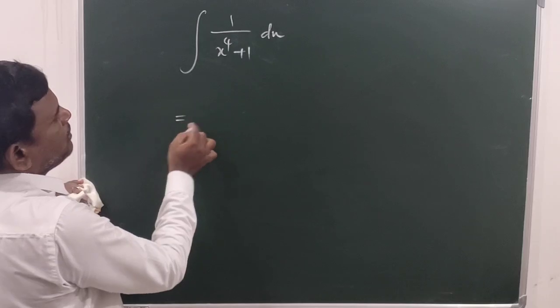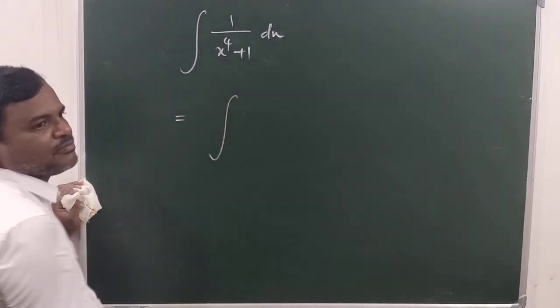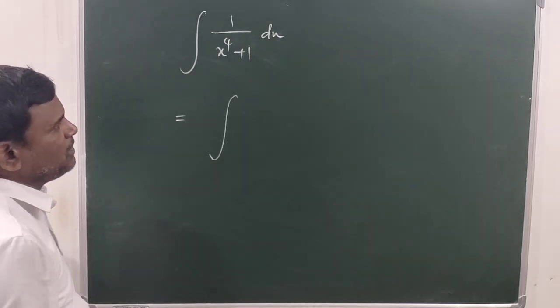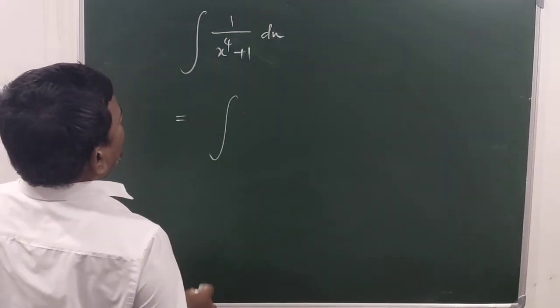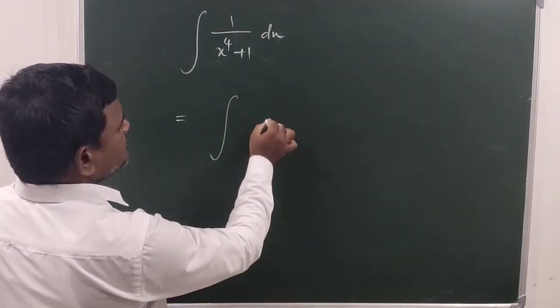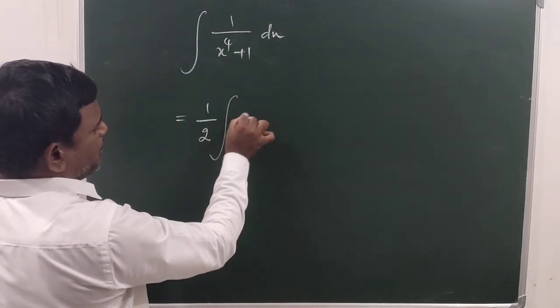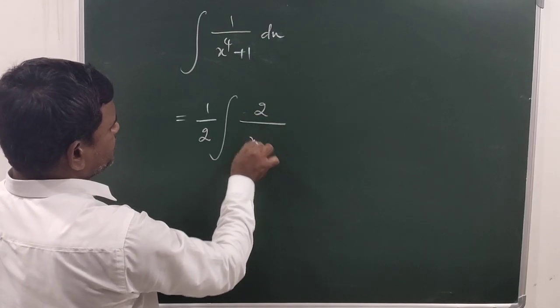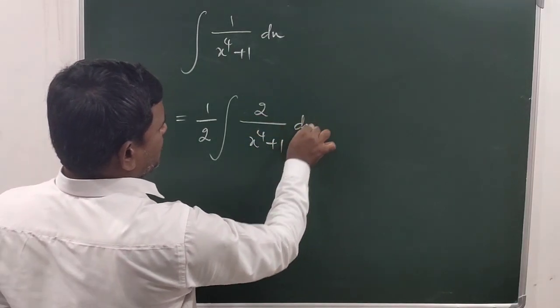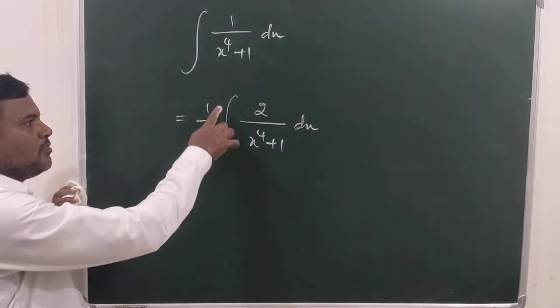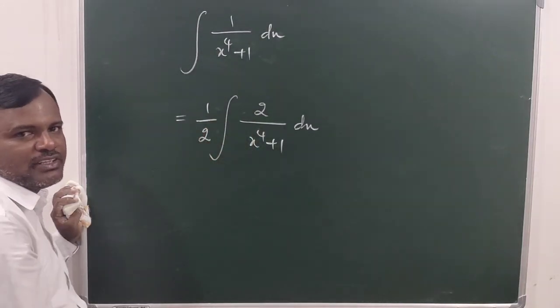Observe how I am going to do this. In the numerator, 1 is given over x to the power of 4 plus 1. I would like to write 1 by 2 into 2. This is the first step: numerator and denominator multiplied with 2.